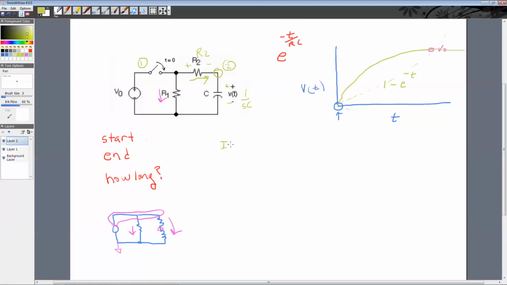So IR2 equals IC, V1 minus V2 divided by R2 equals V2 divided by 1 over SC. V1 equals V2.